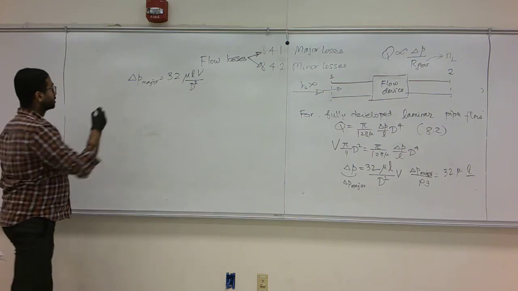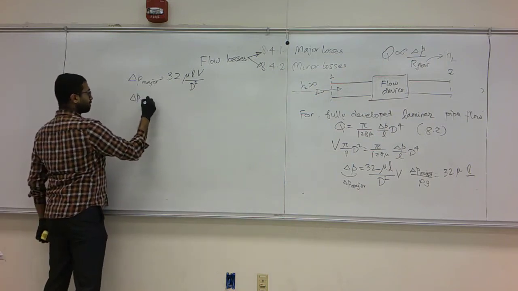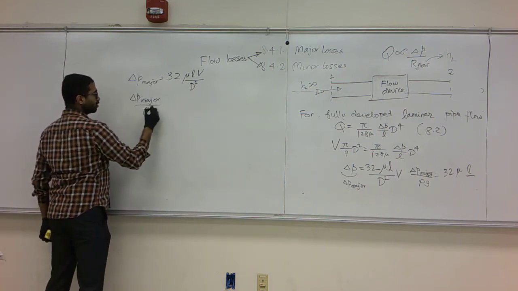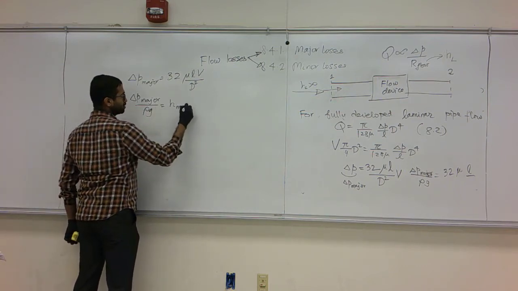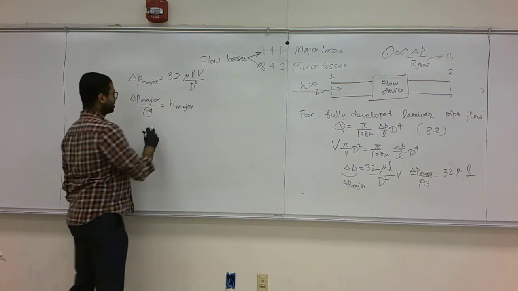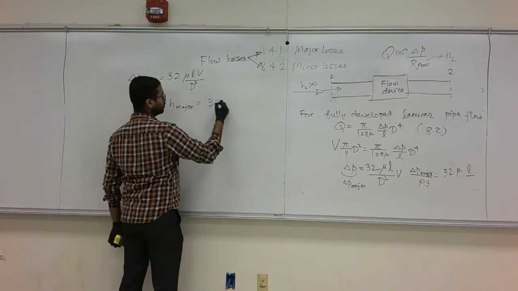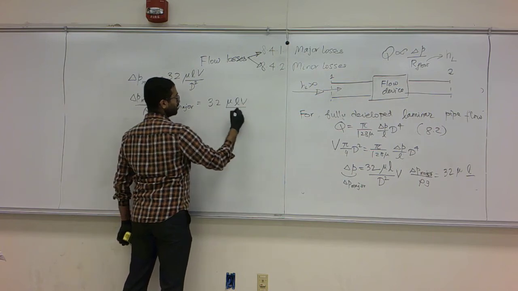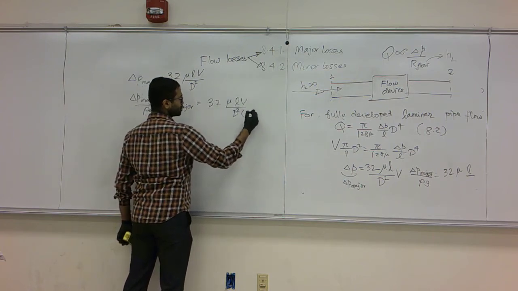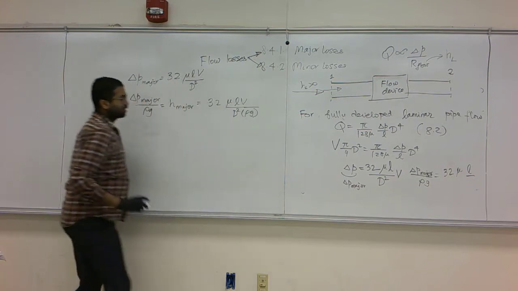That's where I was. So delta P major divided by rho g equals H major, or the major head loss, that is equal to 32 times mu LV divided by D squared times rho g. So I have it in this form.